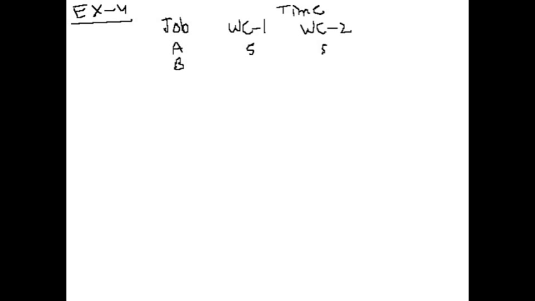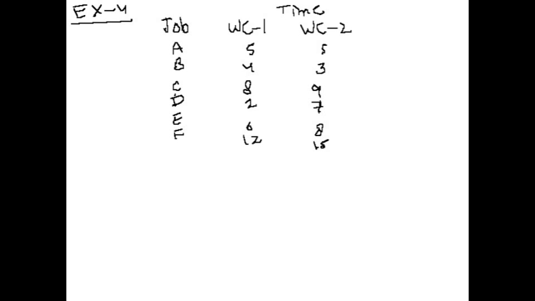A is 5 hours on each work center, but B requires 4 and 3. Then you have C and D with 8, 9, 7, and then we have E and F.